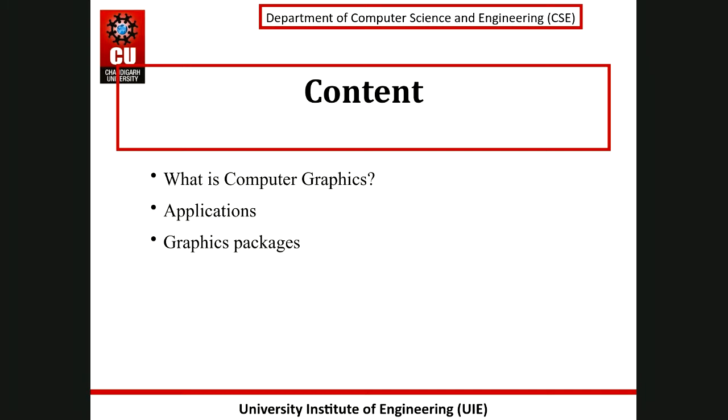In two-dimensional, there are only two axes, x and y. But in three-dimensional, there are three axes. There will be one more, the z-axis, and the z-axis represents the depth of the object. A particular object has a depth, and depth is represented by the z-axis. So in 3D there are three axes, x, y, and z.